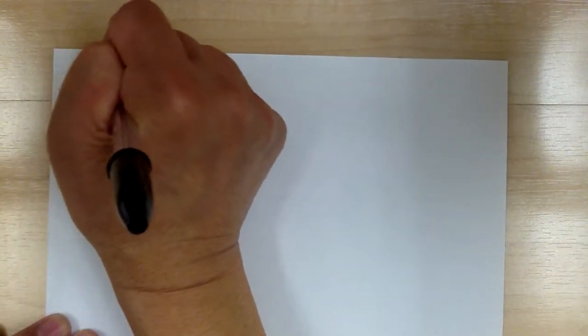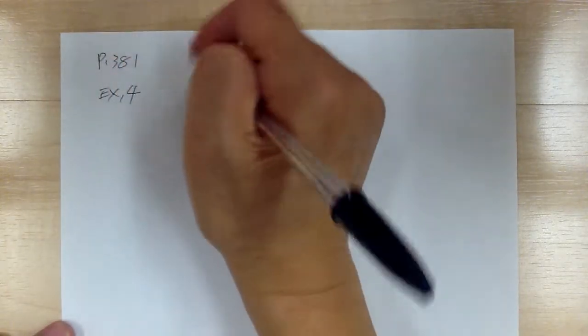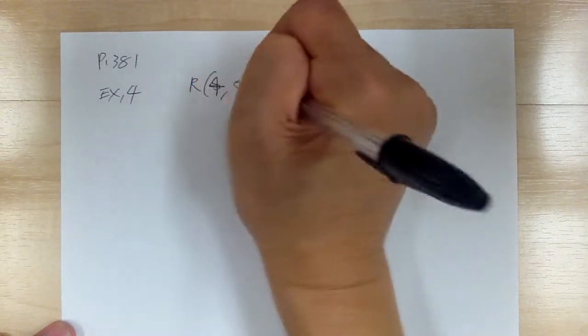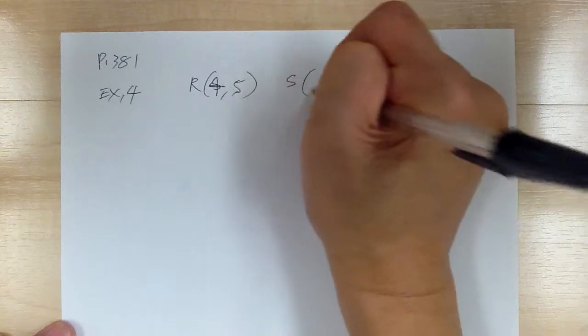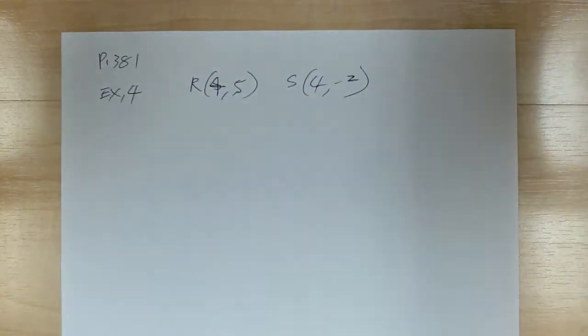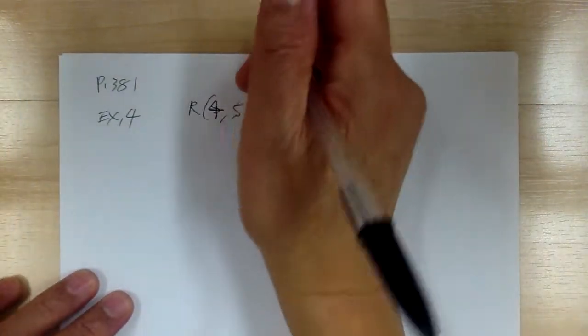Okay, now let's go to example 4. Example 4, you have 2 points. You got R at 4, 5, and your point S at 4, negative 2. So when you're using the formula, just go through the same thing.